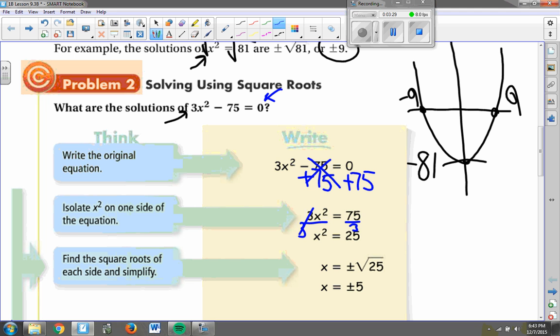And if I want to find what x is equal to, I just take that x squared and I square root it. I take the 25 and I square root it. My answers are positive or negative 5. Please be careful. Unless you have x squared equal to 0, you should have two answers, a positive answer and a negative answer.